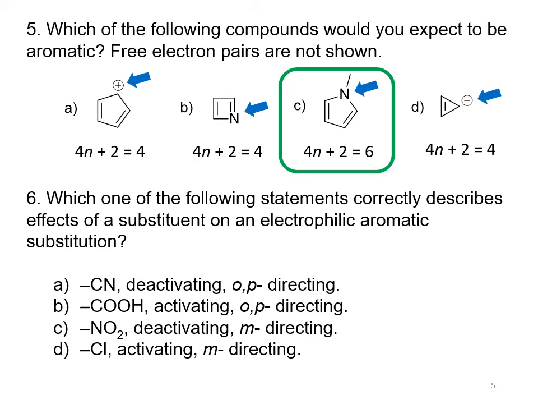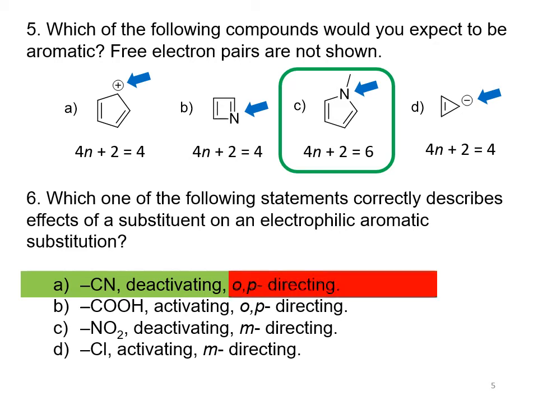Next question: which one of the following statements correctly describes effects of a substituent on an electrophilic aromatic substitution? Nitrile group or cyano group, deactivating, that's correct. Ortho-para directing, that's not correct. It's meta directing. Next, carboxylic group, it's deactivating, not activating. So that's not correct.